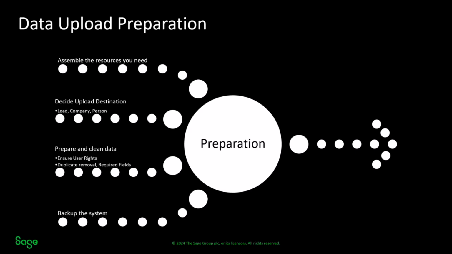We've considered the importance of preparing and cleaning data and thinking about duplicate removal, the nature of the fields themselves, their length, whether they're required. And we've also considered the user rights and the nature of the user, the security points that the data is going to go into, and the importance of backing up the system before we carry out that data upload.